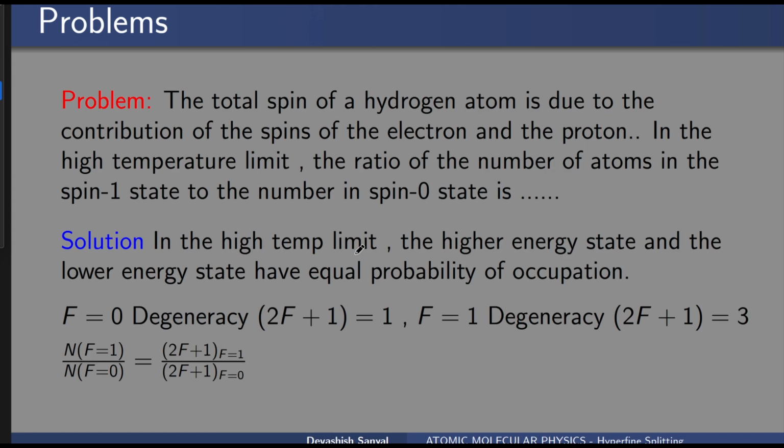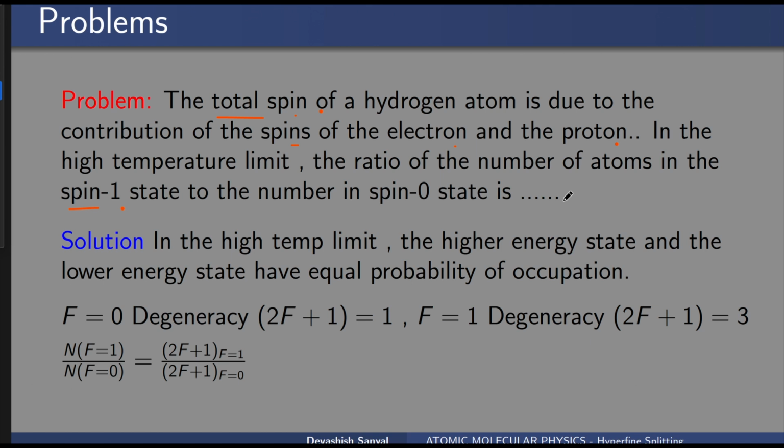Next we have this problem. The total spin of a hydrogen atom is due to the contribution of the spins of the electron and the proton. In the high temperature limit, the ratio of the number of atoms in the spin 1 state to the number in the spin 0 state is this.